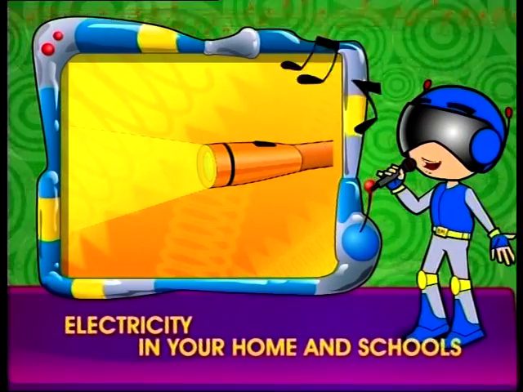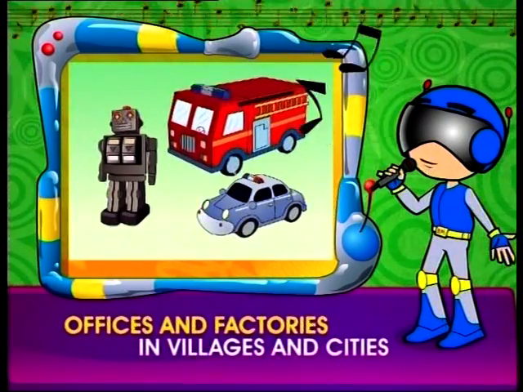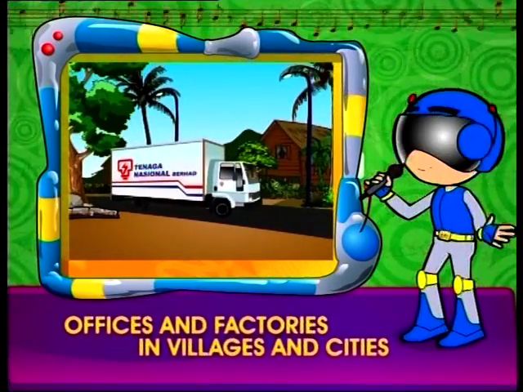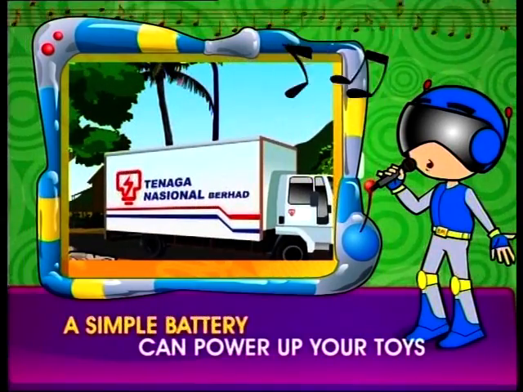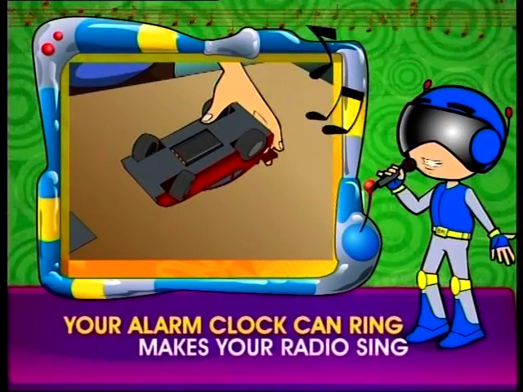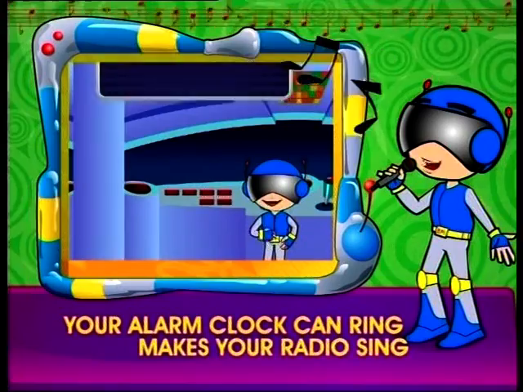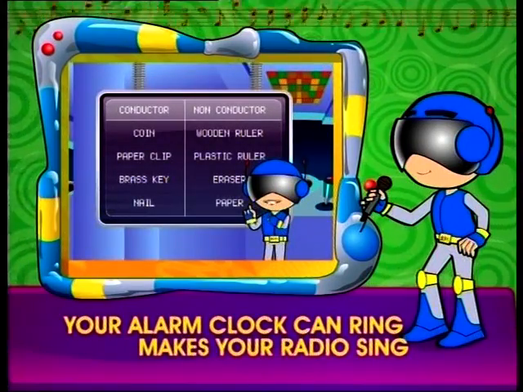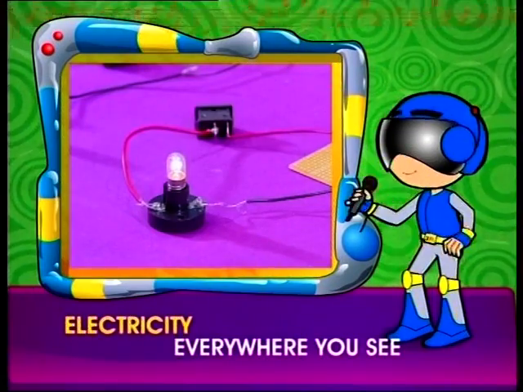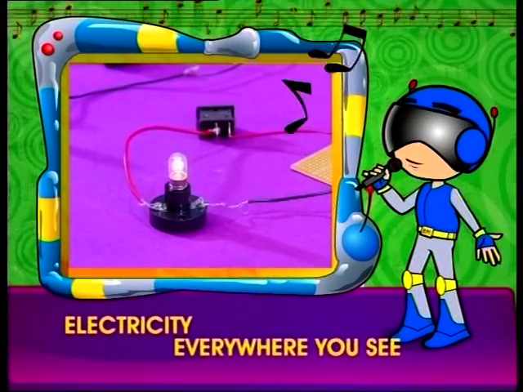In your homes and schools, offices and factories, in villages and cities. A simple battery can power up your toys. Your alarm clock can ring, makes your radio sing. Electricity everywhere you see.